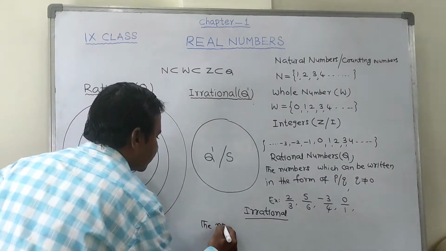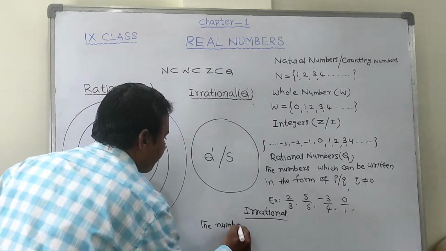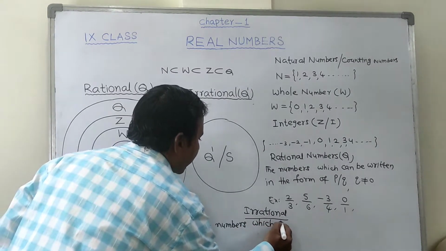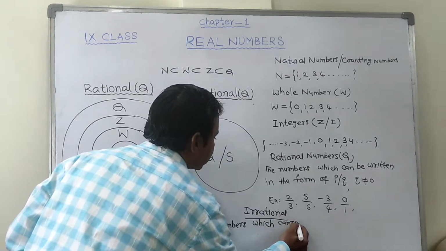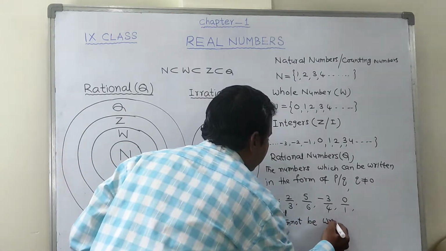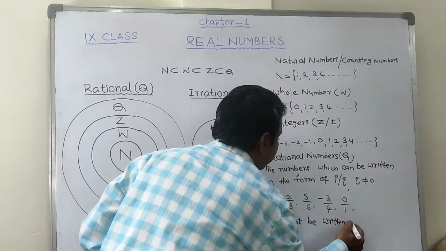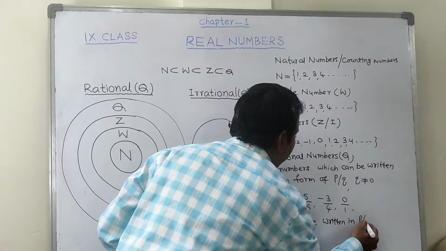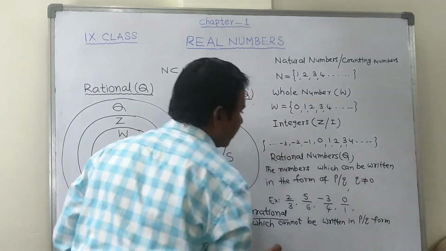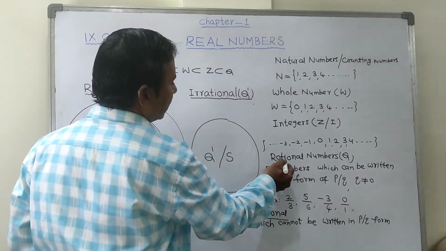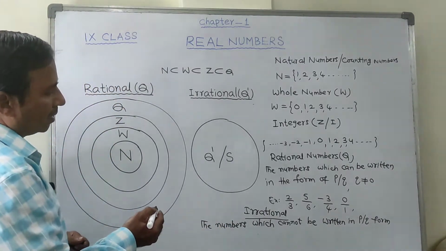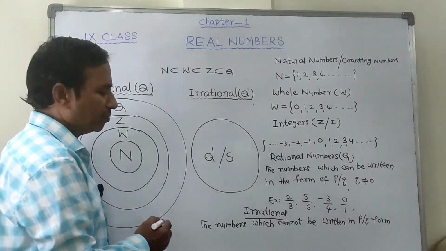The numbers which cannot be written in p by q form. So those which can be written are called rational numbers, and those which cannot be written are called irrational numbers.